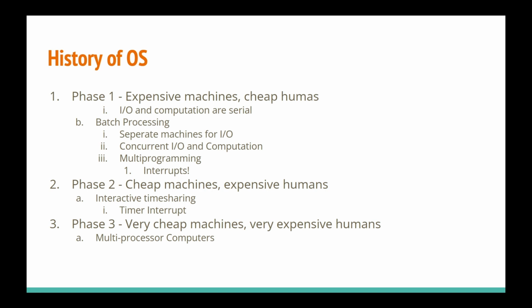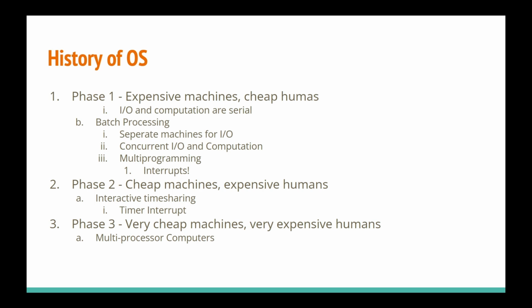This is also where multiprogramming comes in, because you could program more than one program onto a punch card, and you could put it on the same tape and it'll run all the programs. The way that it can do this is with interrupts. So let's say that you're waiting for some sort of input from something outside of the OS or the CPU, then it'll run the next program while you're waiting for the input.